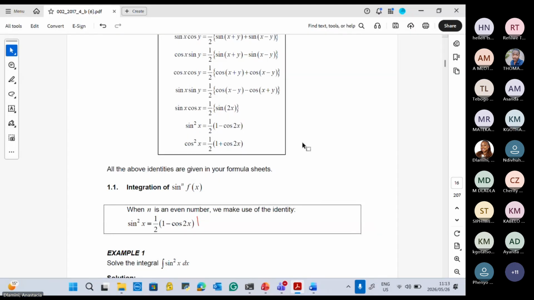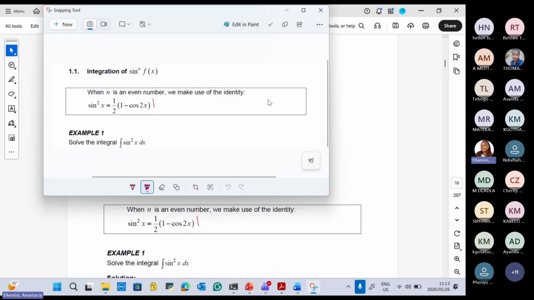In most cases, they look at n being even or odd, right? I've never come across a point where n is a fraction. When you are finding a derivative, did you have a fractional derivative?